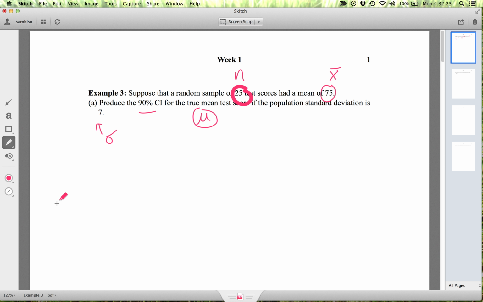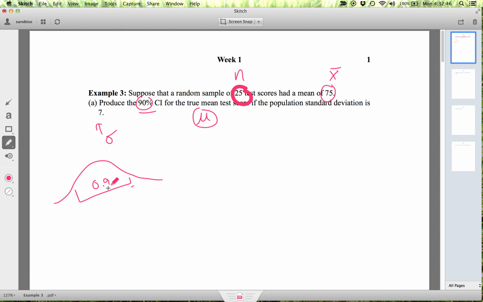Usually what I like to do is start by drawing a picture. Okay, here's my normal curve. I want to have a 90% confidence interval. Okay, that means the middle section I want to have 90% of my values in between these two endpoints here, this point and this point.